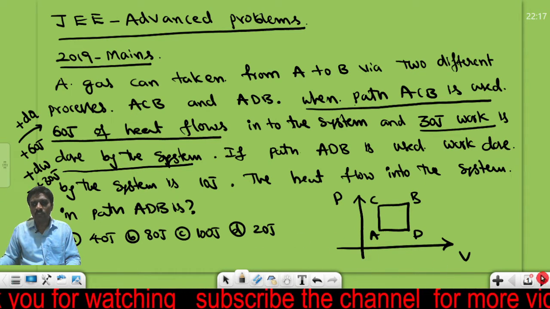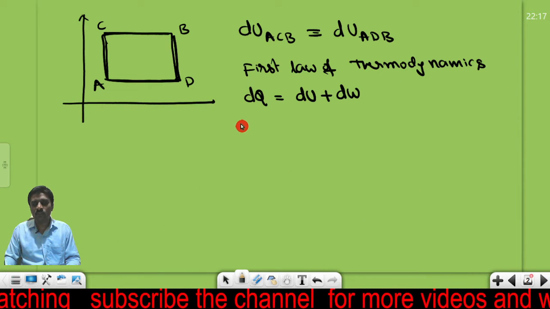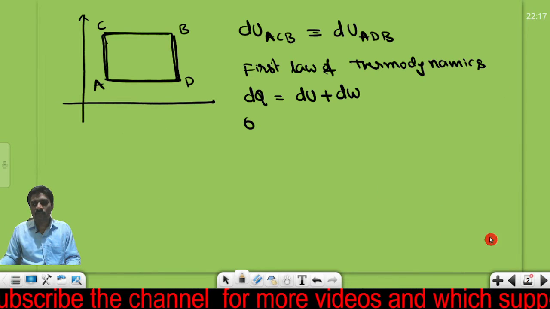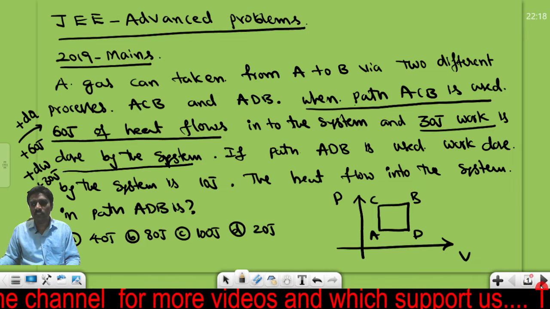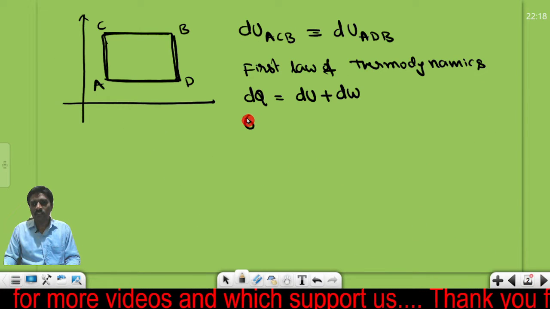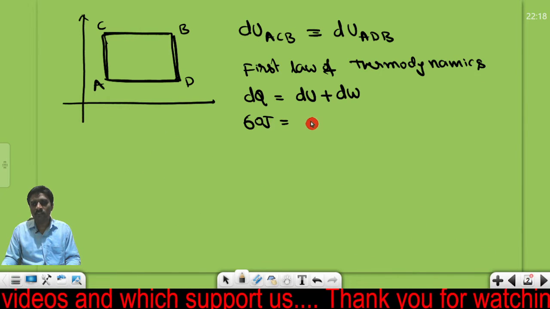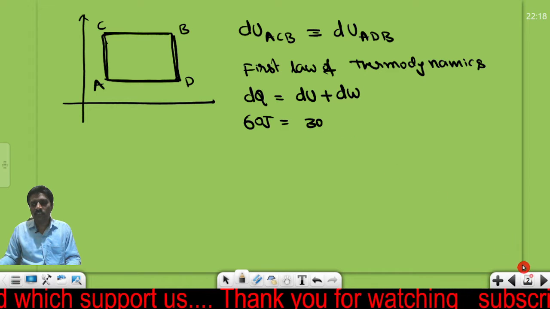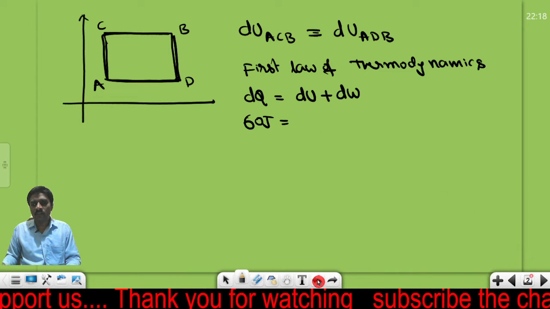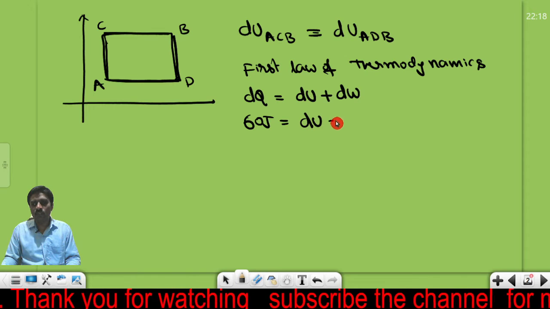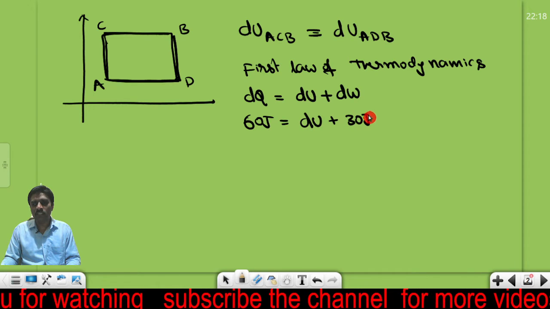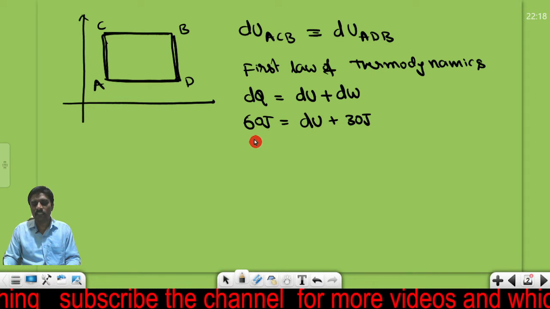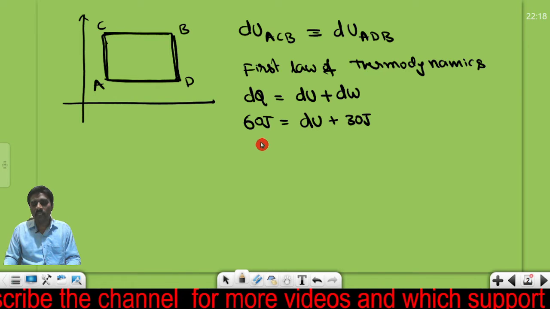So I am using these two values: 60 joule of heat is supplied to the system, dU we do not know, and 30 joule of external work is done by the system.